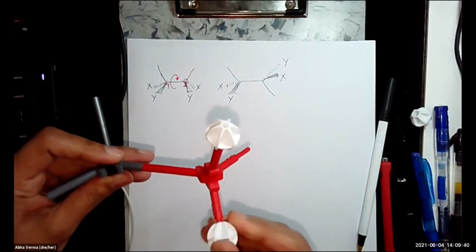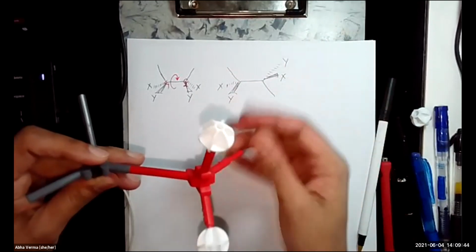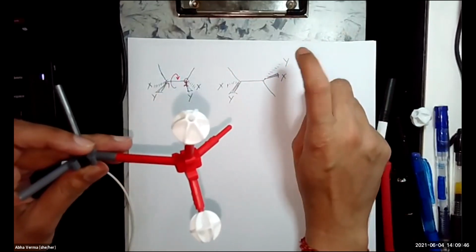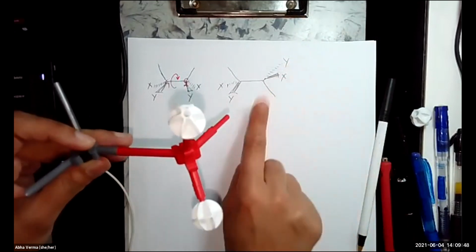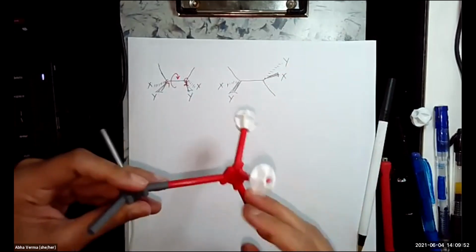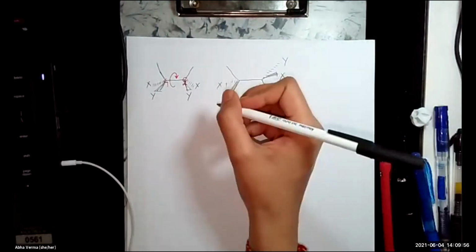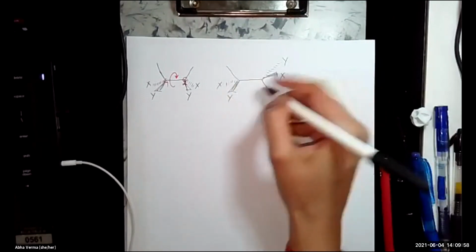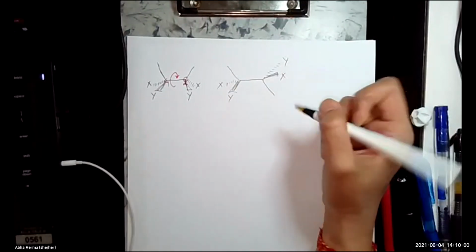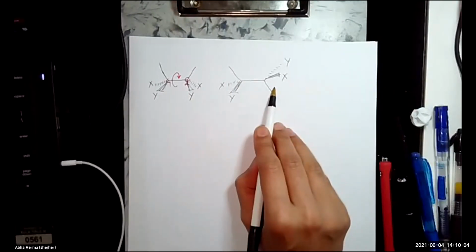And I see that my X is now coming out, my Y is going at the back. So this one rotation is not even a complete rotation. I just did a little bit of rotation, but I see that the relative positions of my groups have changed. So this is my wedge and dash view.